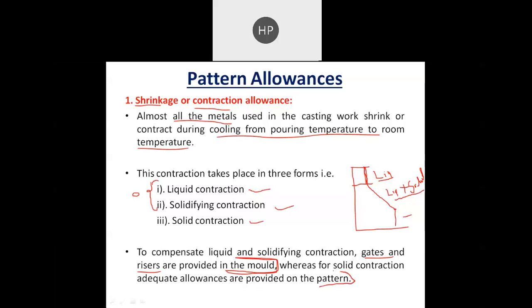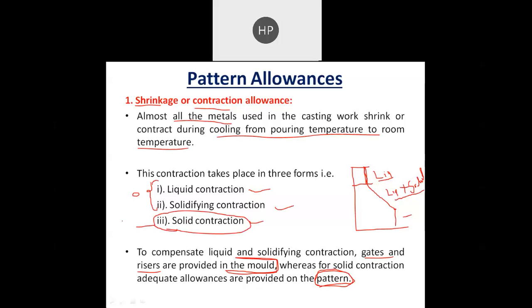We cannot compensate it by gates and risers, so we must give the allowance on the pattern.